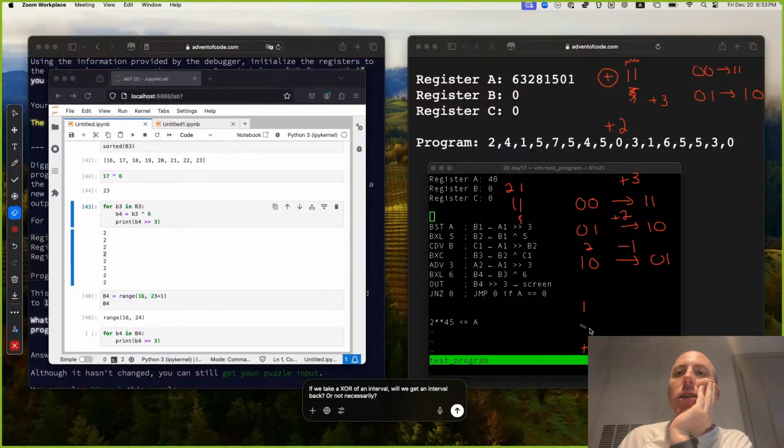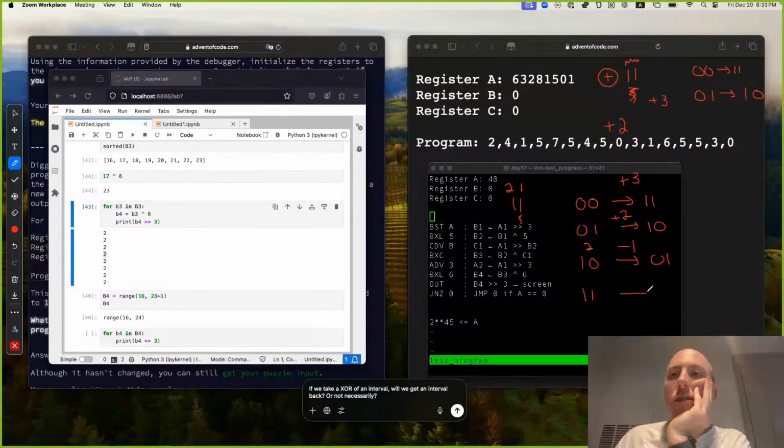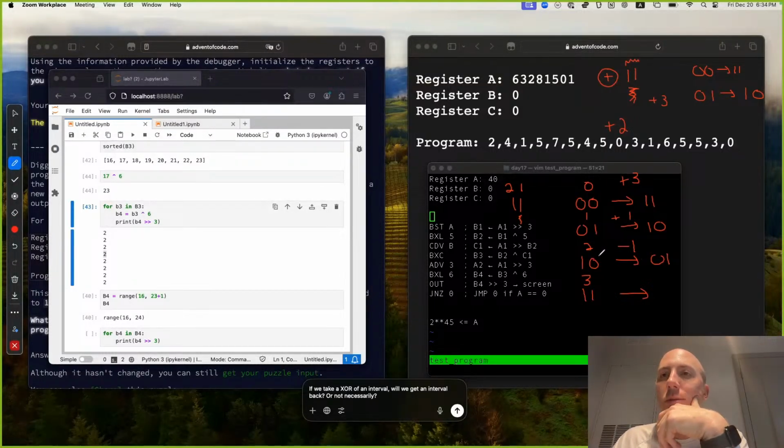I mean, these are the only things. Our last bits: we have 3, we have 1, we have 0. So we go from 0 to 3. We go from 1 to, yeah, we don't gain 2, we just gain 1. We go from 2 down to 1, or we go from 3 down to 0. So it's -3, -1.